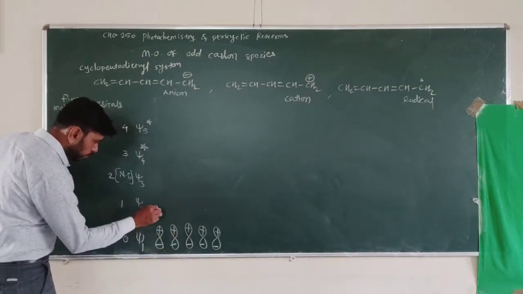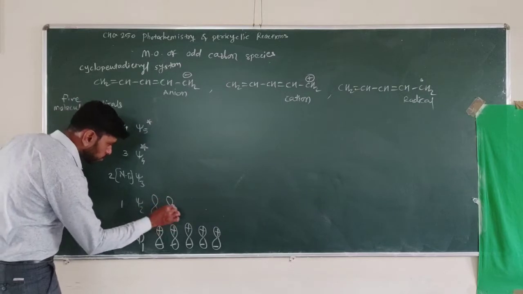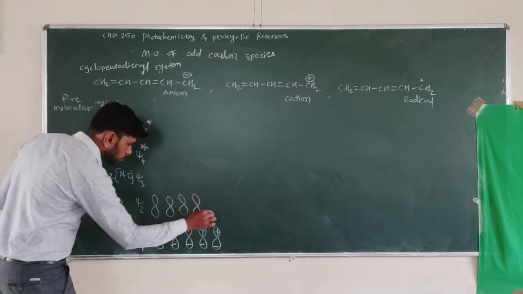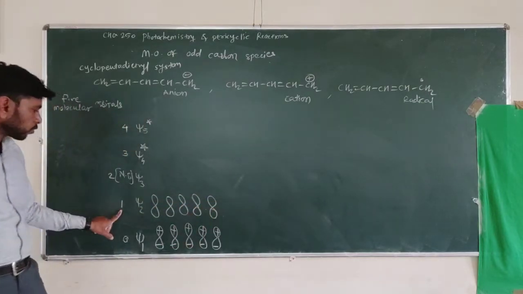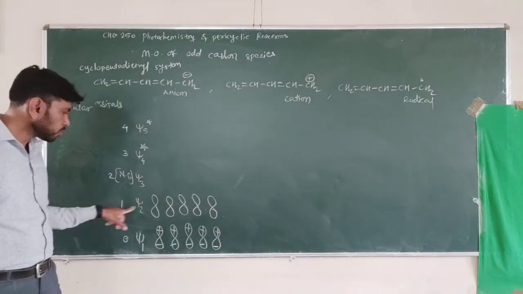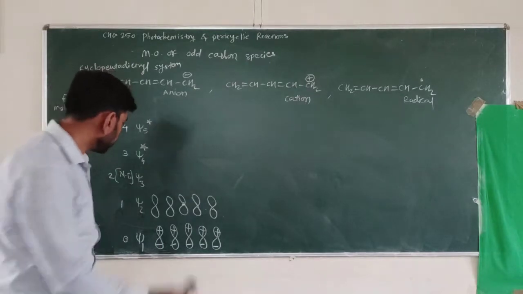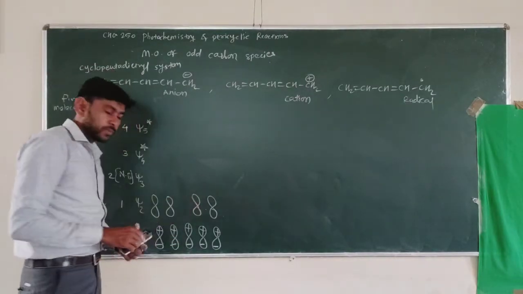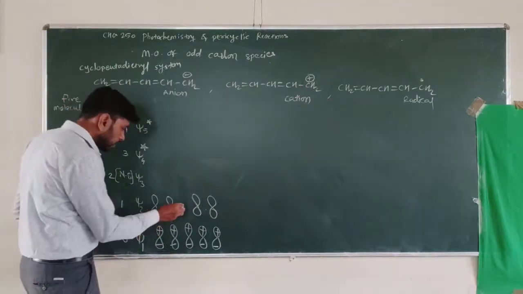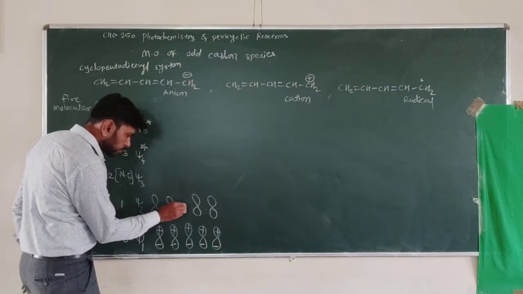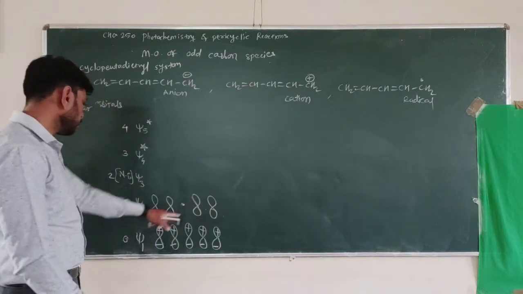Where have we put the node? The first node passes through the nucleus, so we don't have to draw the orbital there.